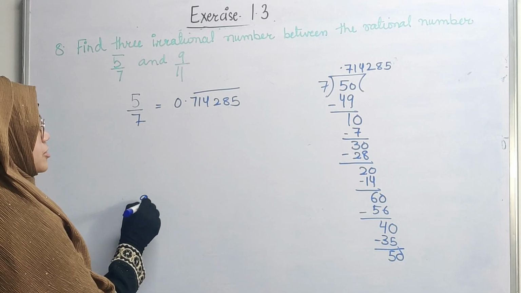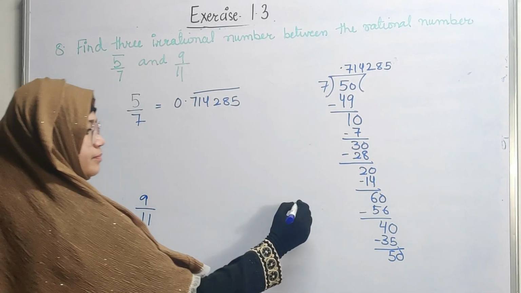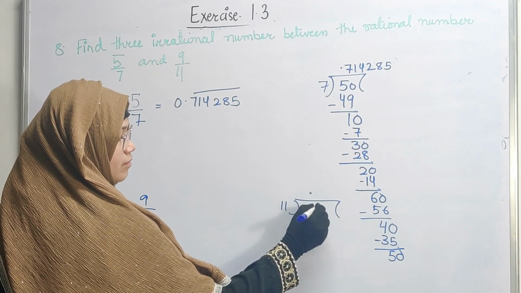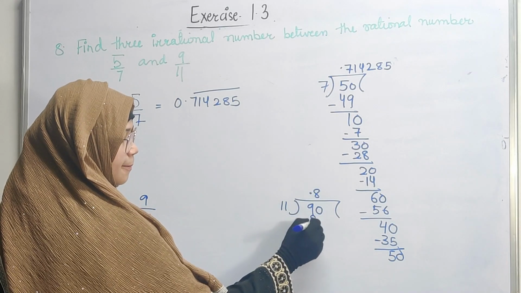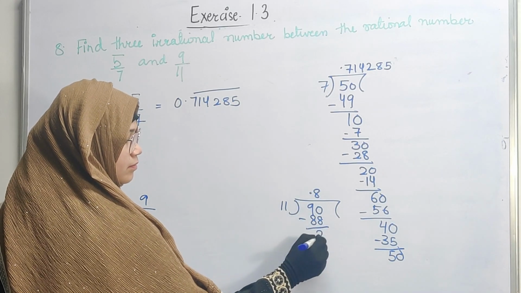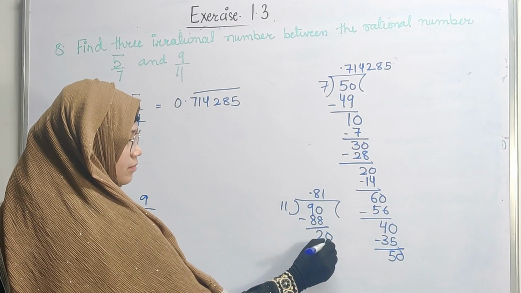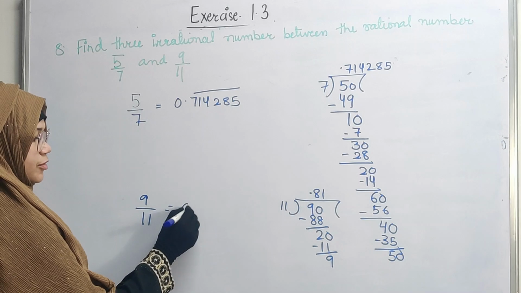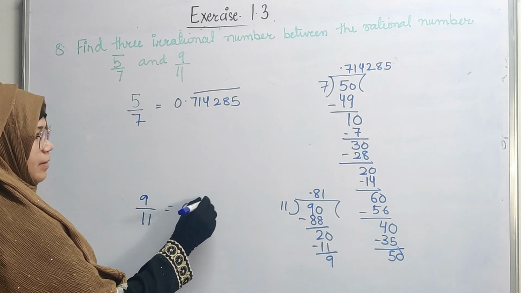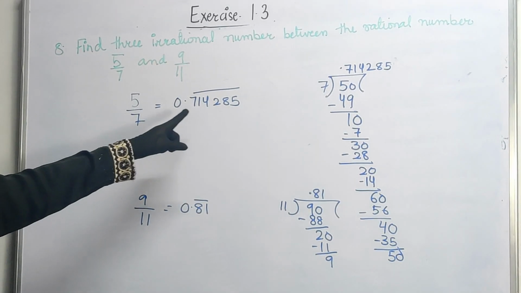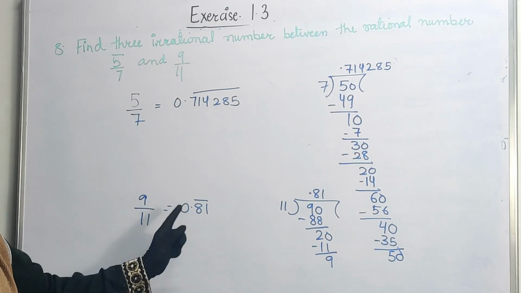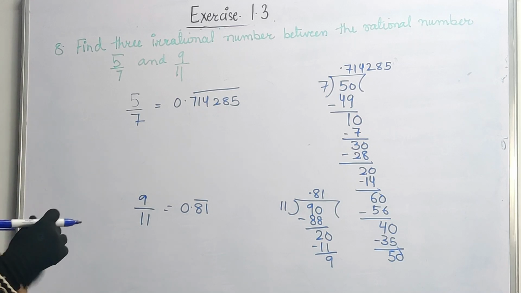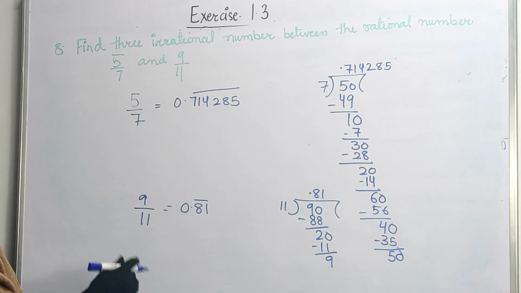What is the decimal expansion of 9 upon 11? 0.81 bar. 0.714285 and 0.81. We have to find the irrational numbers between those two rational numbers.